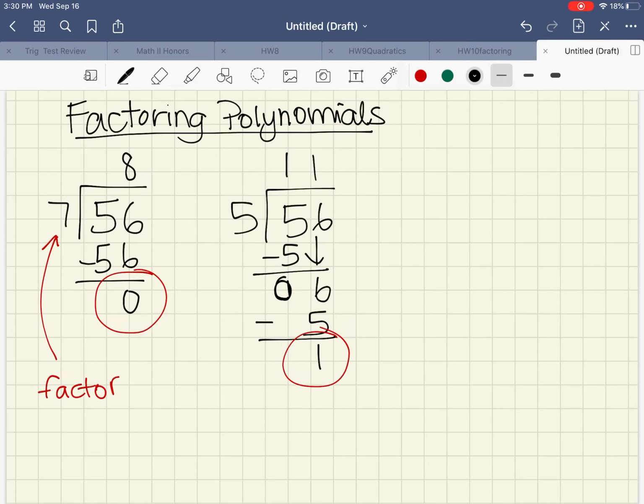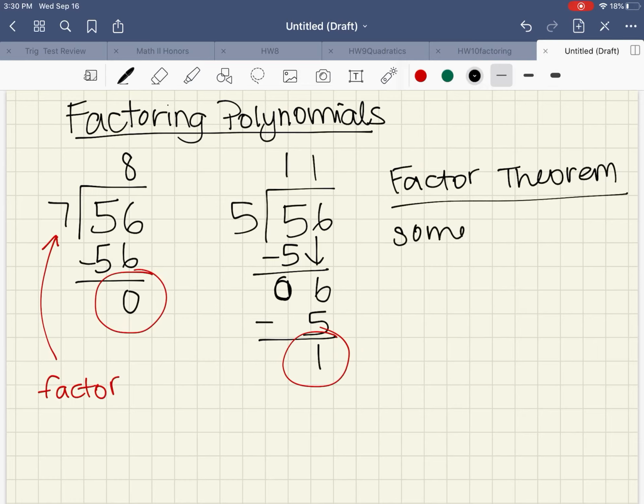So there's something called the factor theorem, and it states that something is a factor if the remainder is 0 when we divide.